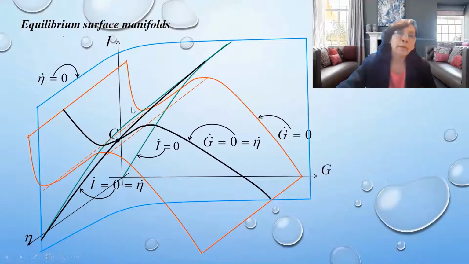The slow manifold intersects the intermediate manifold along this curve, and the fast manifold, the red one, intersects the slow manifold along this curve here. These two curves then intersect each other at the point C, at which the derivatives of eta, I, and G are all 0.